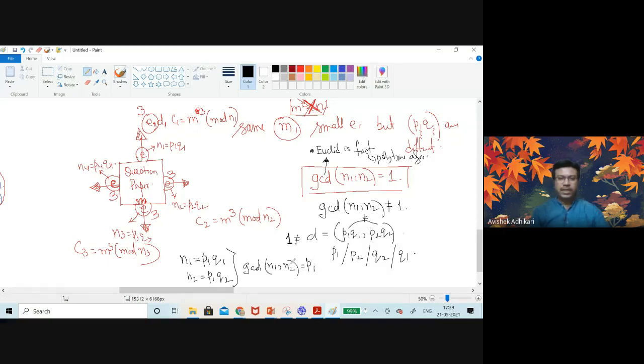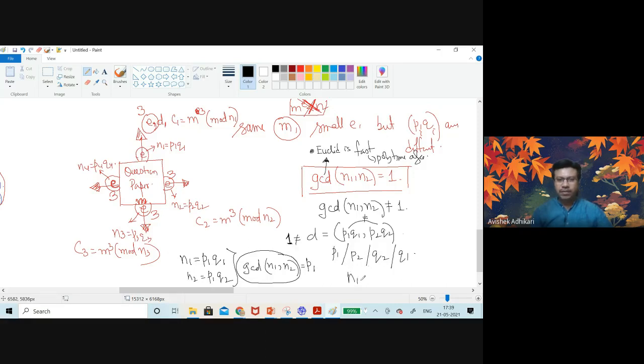As we just mentioned, finding the GCD is very easy. You can very easily calculate the GCD of two very big numbers. If you find that the GCD is not equal to 1, then suddenly one of the factors must be P1. That means P1 must divide both of them. So it is now very easy to factor them.